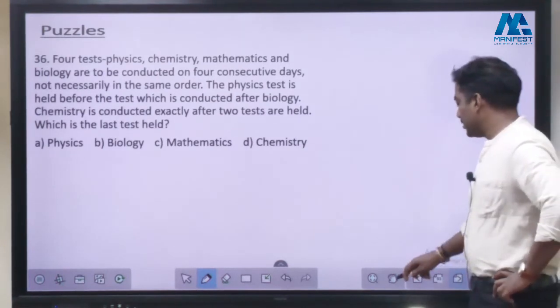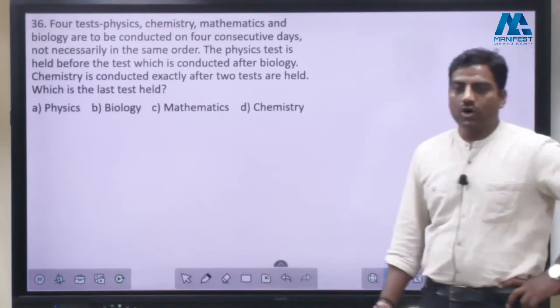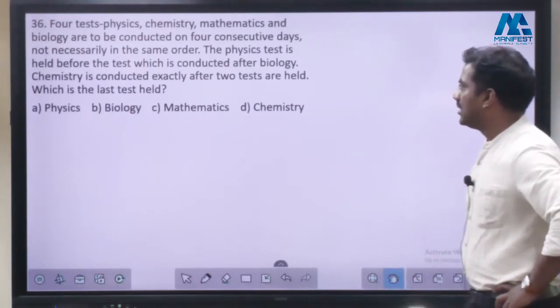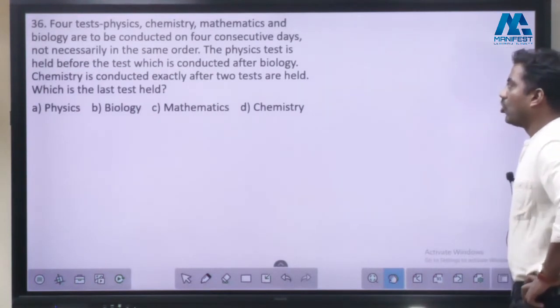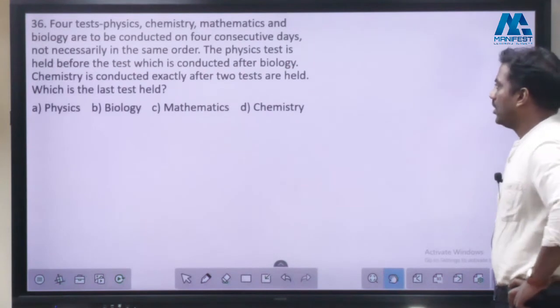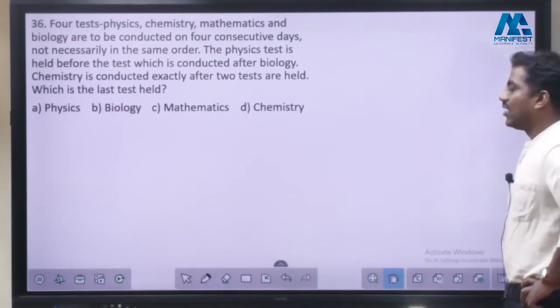Now we are hitting the sequential puzzles. Some events are conducted in order. 4 tests, physics, chemistry, mathematics and biology are to be conducted on 4 consecutive days, not necessarily in the same order. The physics test is held before the test which is conducted after biology.